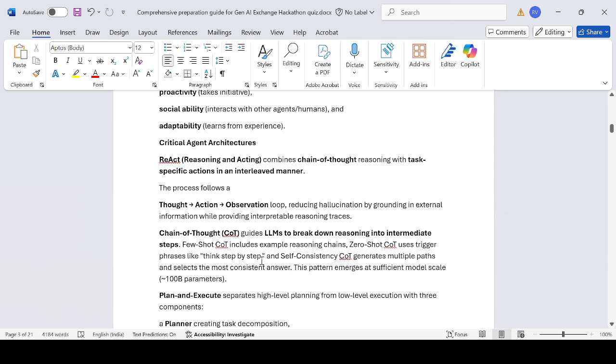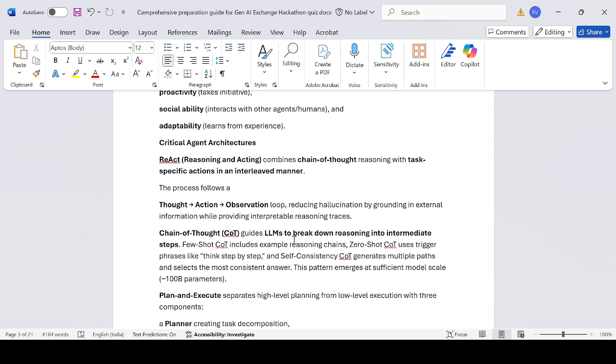The second one is chain of thought, COT. It guides a large language model to break down reasoning into intermediate steps. You might know few-shot COT, where examples are passed to the LLM via the prompt. Zero-shot means we don't give any examples to the prompt; it just says think step by step.